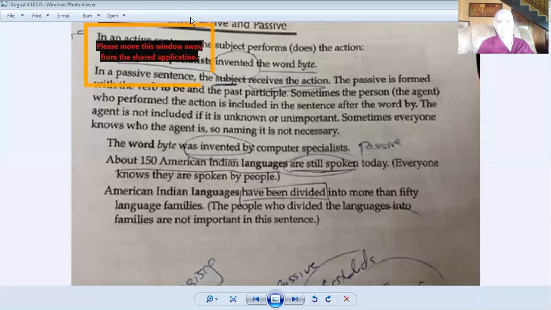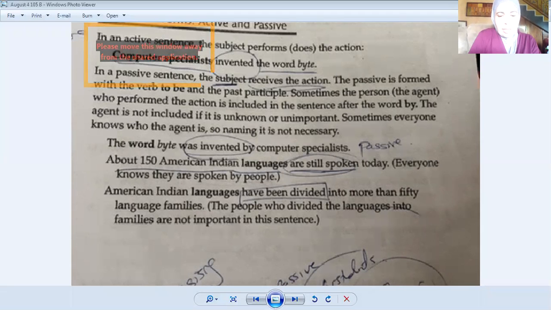Again, I just want to quickly revise what we said about passive last time. We said that sentences that are in the active, like this one, look, I drink a cup of coffee every morning.